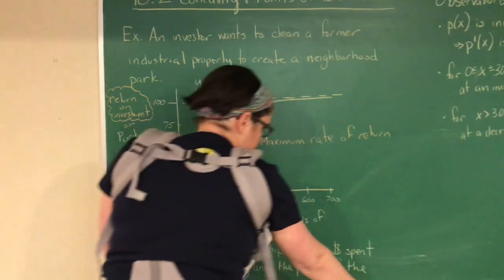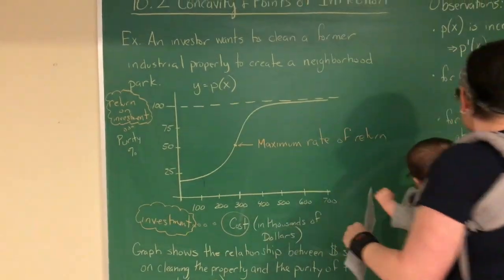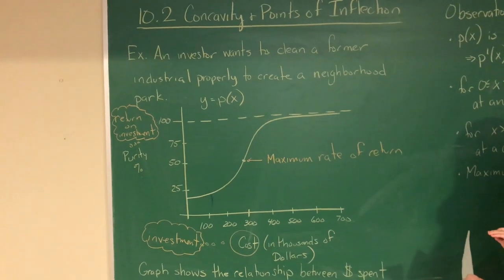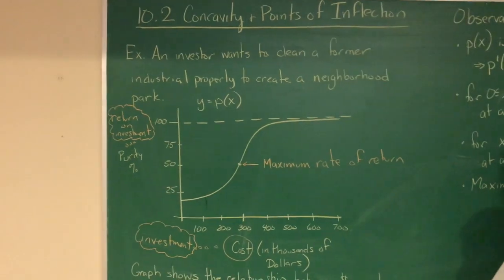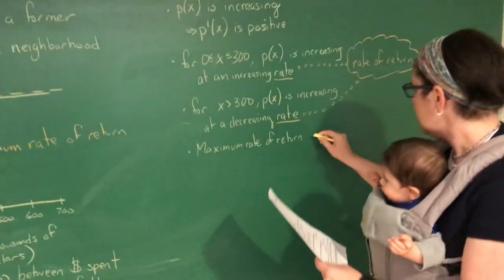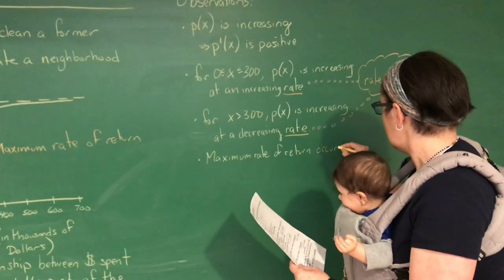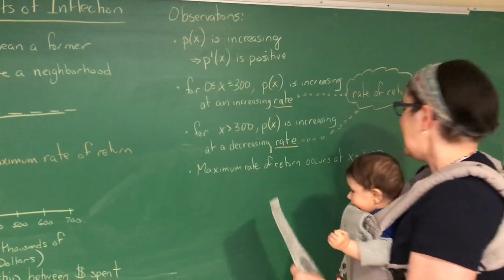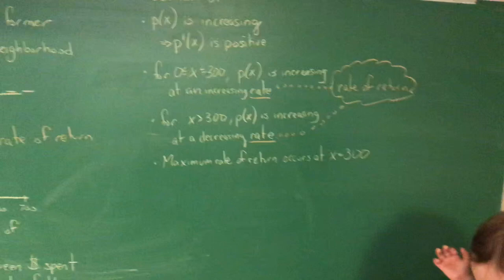So let me write down a few more words about that. The maximum rate of return occurs at x equals 300. So what does that mean?